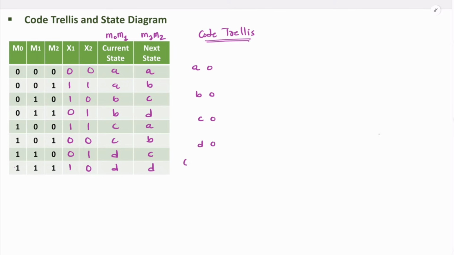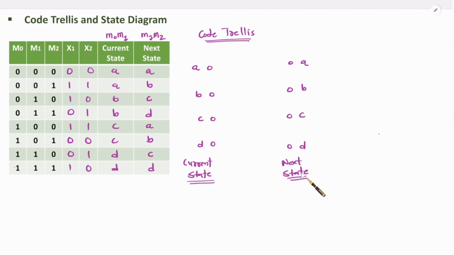So here we have current state and over this side we will be having next state. So here I'll be making next state A, B, C and D. So this will be next state.